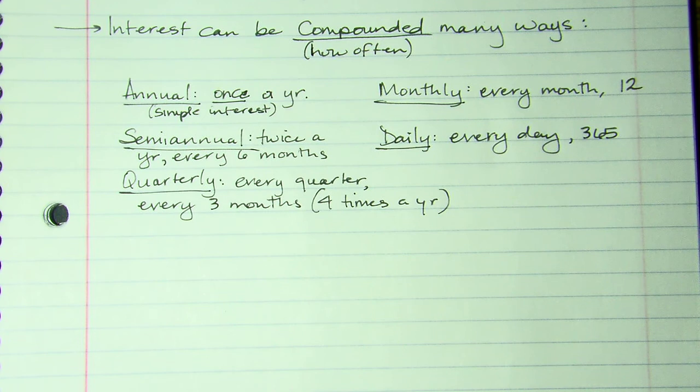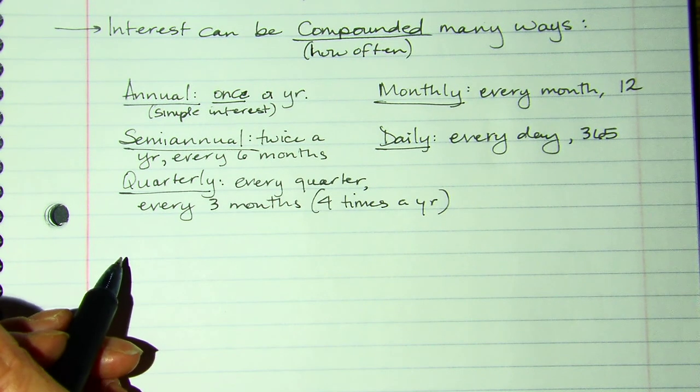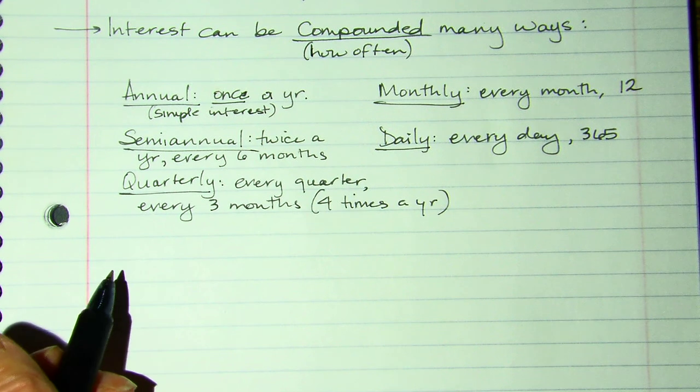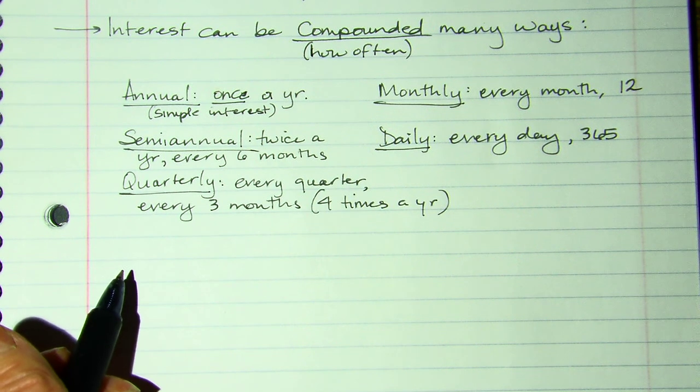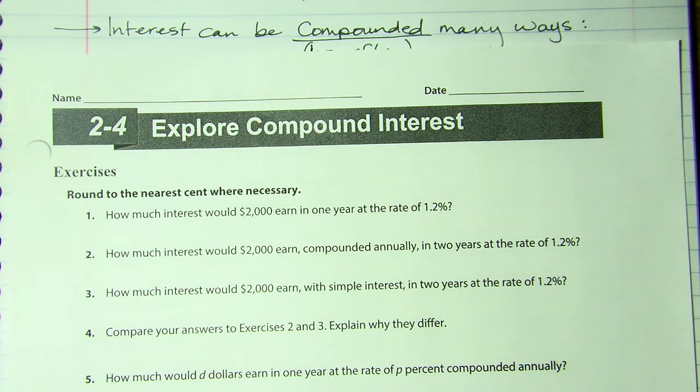So today we're going to be calculating compound interest by hand and calculating it by a portion of the year. So we have to be really careful that we look at what it would mean to be a portion of the year. Okay, so I'm going to do some problems with you, and it should look a lot like your homework.